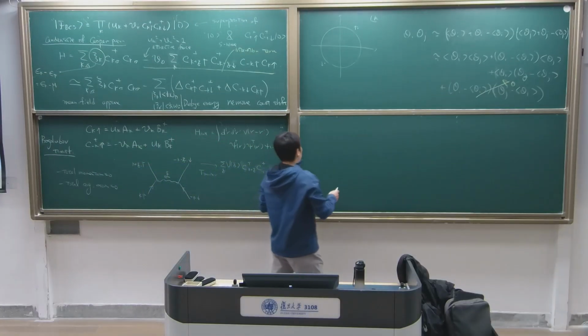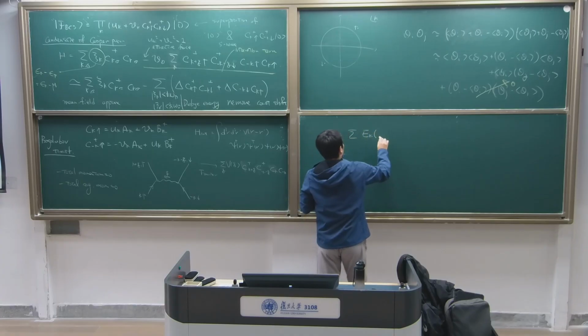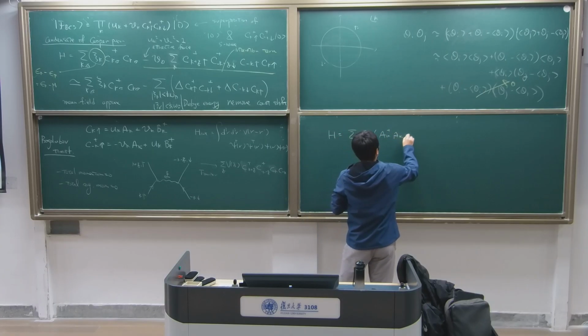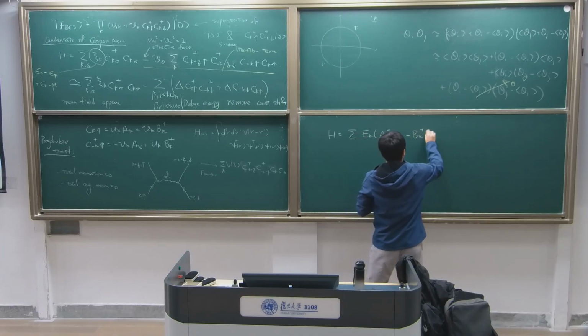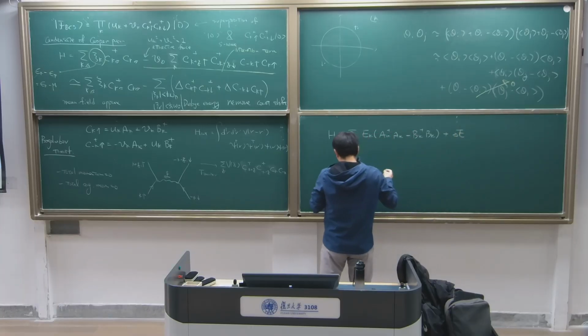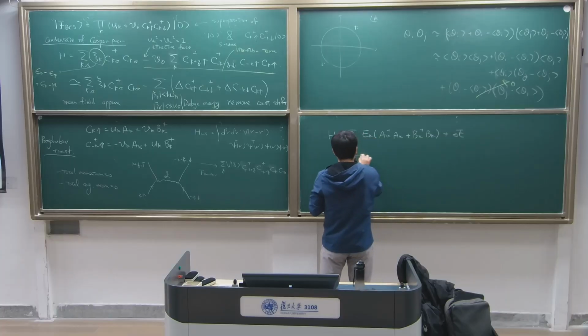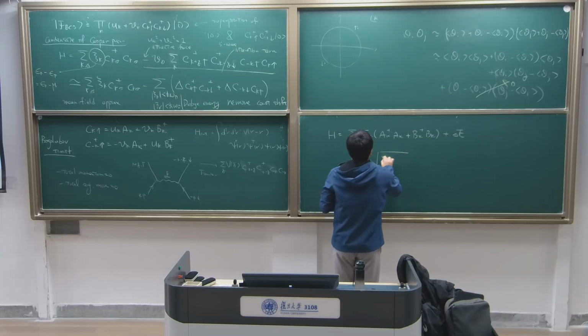Then we try to diagonalize this one, then H is literally this, and plus the constant term. And E_K is given by the square root.